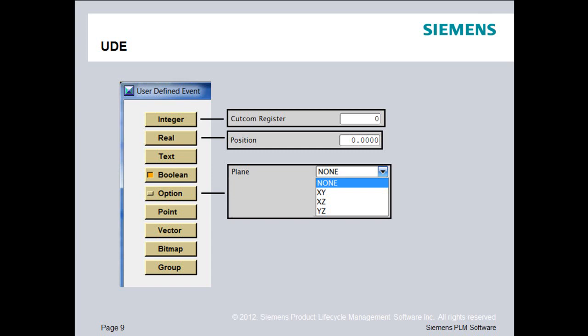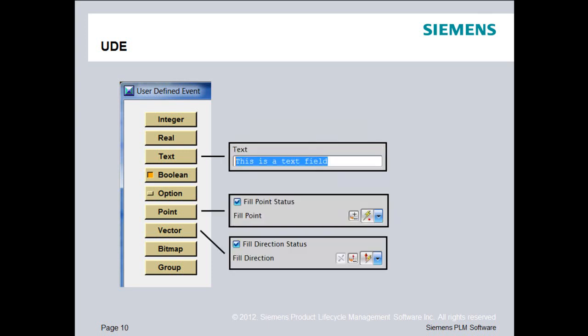The option list allows you to define your own list of things that the user can select inside of NX. Text field creates a text field that you can type into inside of NX or CAM Express. Point allows you to define a point on the graphics area. And vector allows you to create a vector in the graphics area.